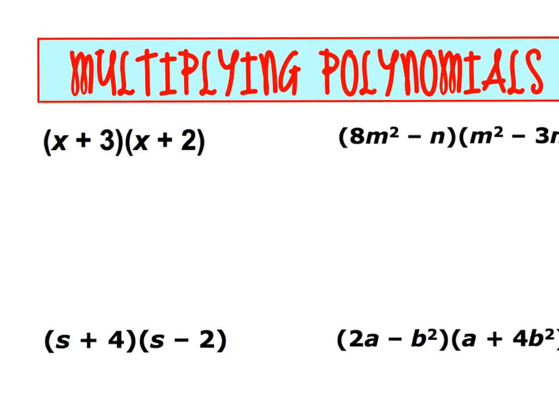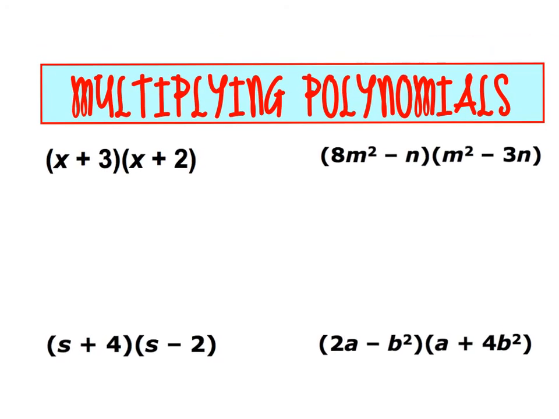All right, so when I multiply polynomials together, here I have x plus 3 times x plus 2. We could call these binomials because they're both made up of 2 terms. And what I'm actually going to do when I multiply these together is what I would call the double distributive property, or I'm going to basically distribute more than once.